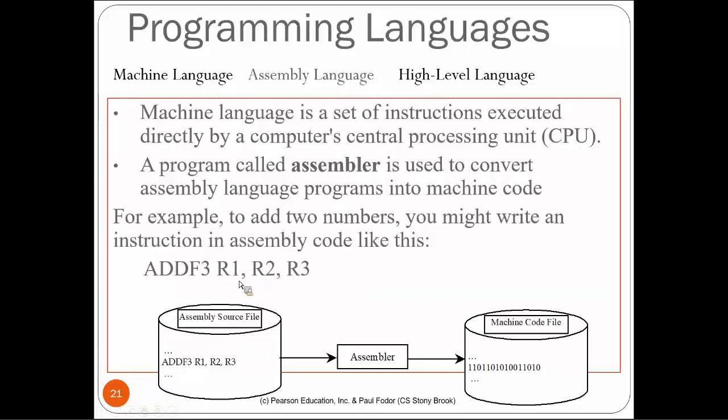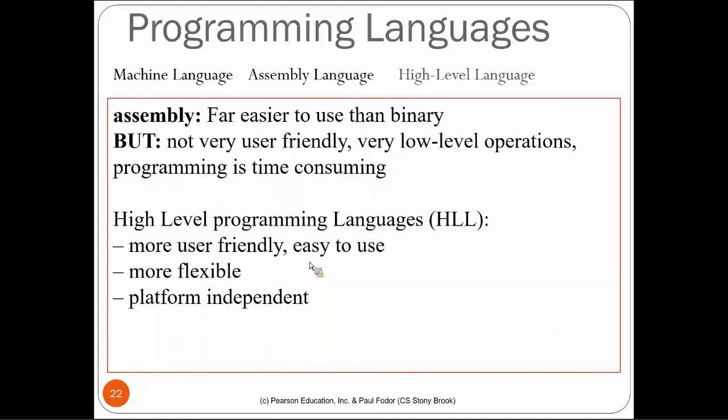Like, for instance, add the first two registers R1 and R2 into the register R3. These languages were still very low level, because all they did was give a name, in English most of the time, to binary instructions in the machine. So assembly was far easier to use than binary.